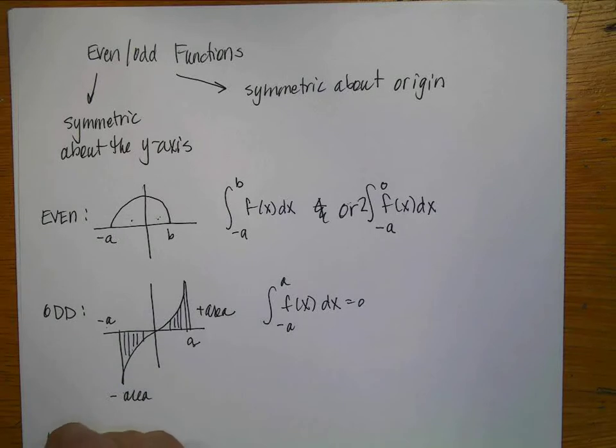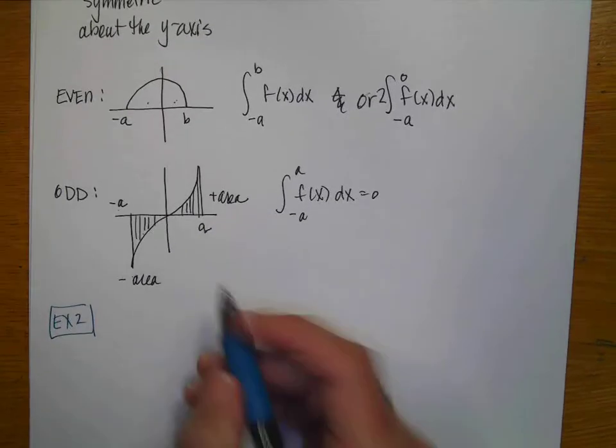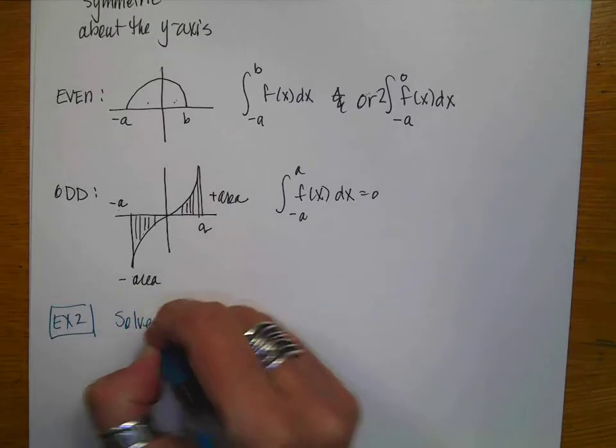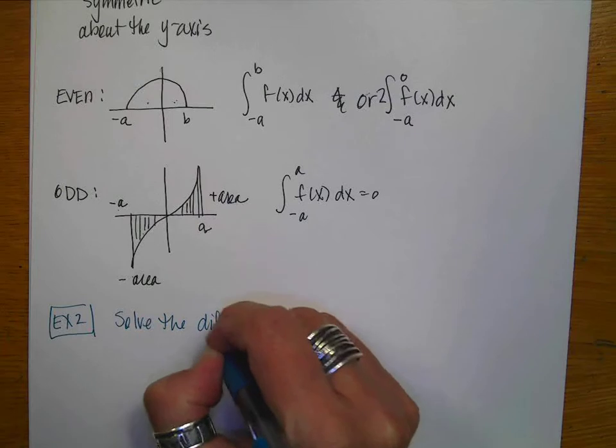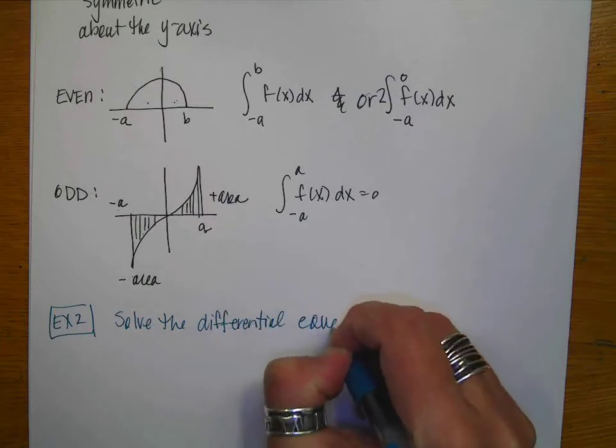All right, let's do a second example. So example number 2. A little thingy's not working with me very much here, so let's scoot our paper up, and it says to solve the differential equation.